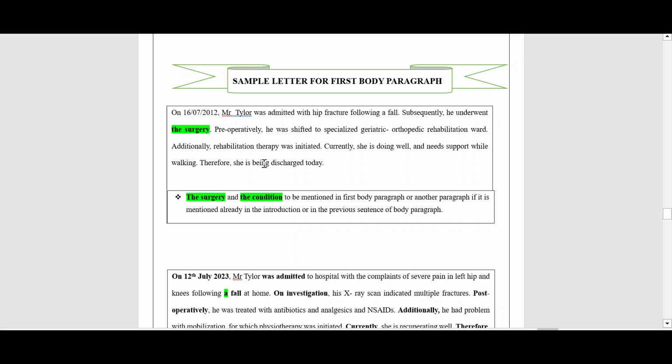If the surgery is given, such as a laparotomy, you say he improved in his condition after the surgery, or he was able to walk properly after the surgery.